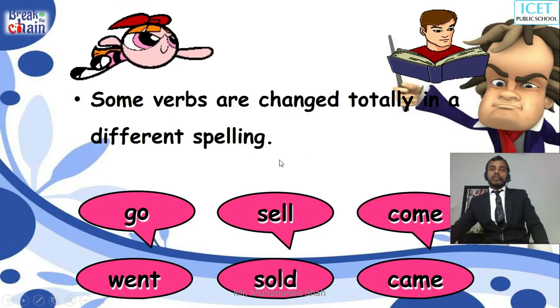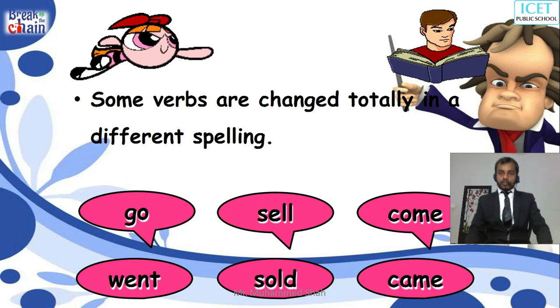Then some verbs change totally into a different spelling. You know it. When we are forming the past form from the present, the entire word will change. Not ed or d or t, not like that. For example, go. Its past form is went.